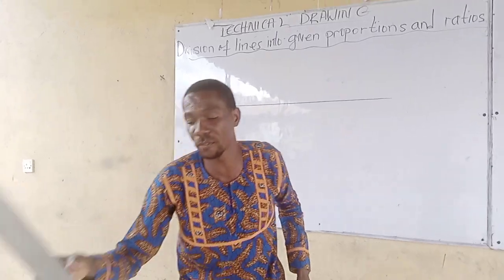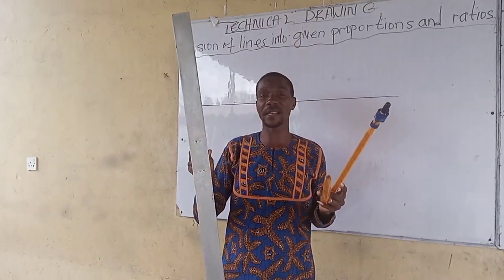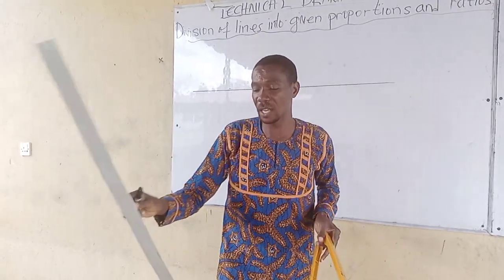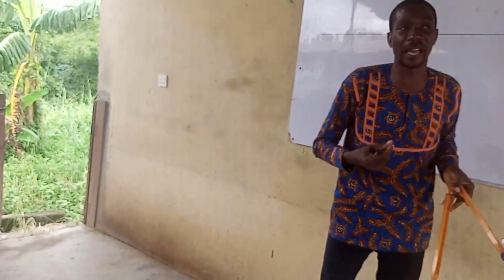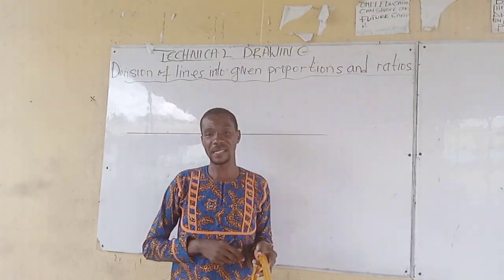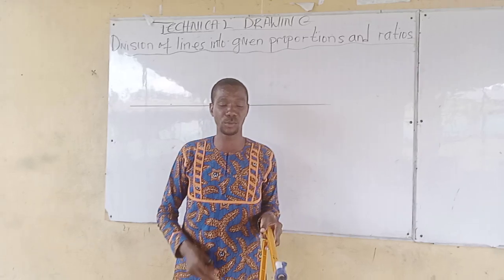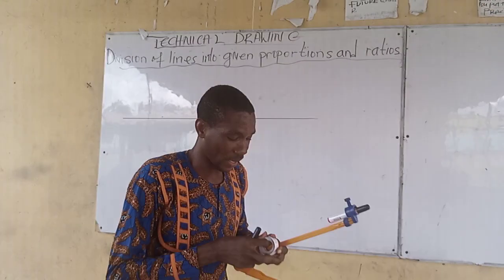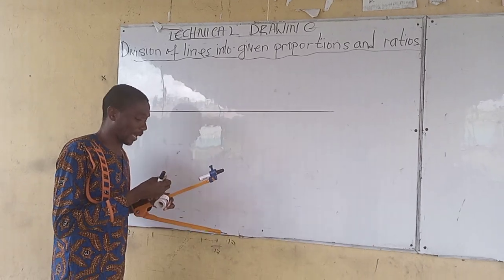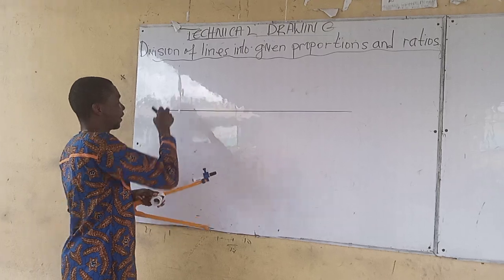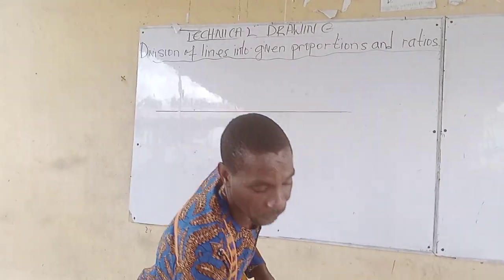With the help of your ruler and your compass, measure 50 mm on your ruler. If your ruler measures in cm, then yours will be 5 cm. As you are doing, keep on practicing. I will place my sticker here to enable me draw.